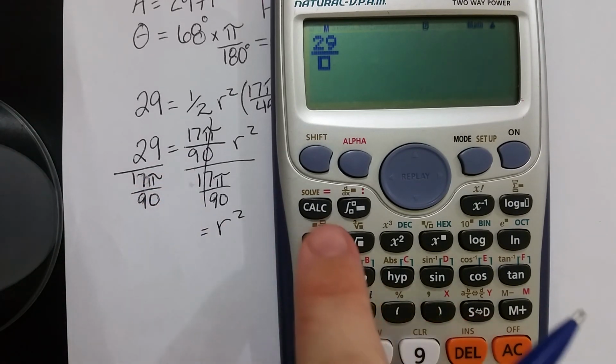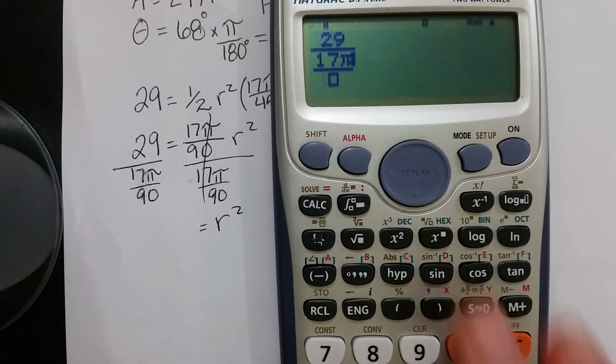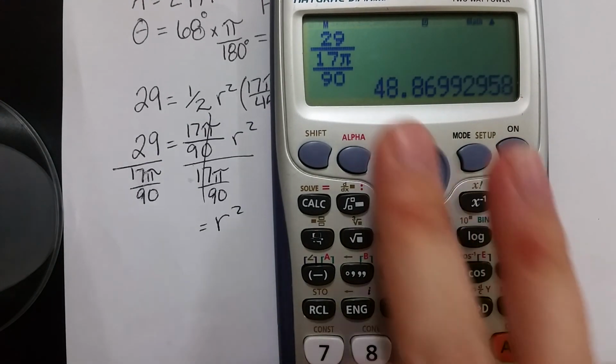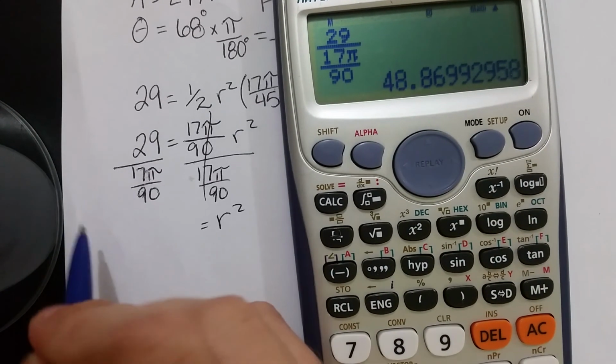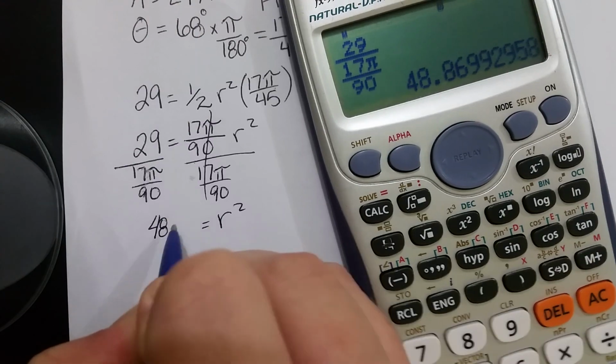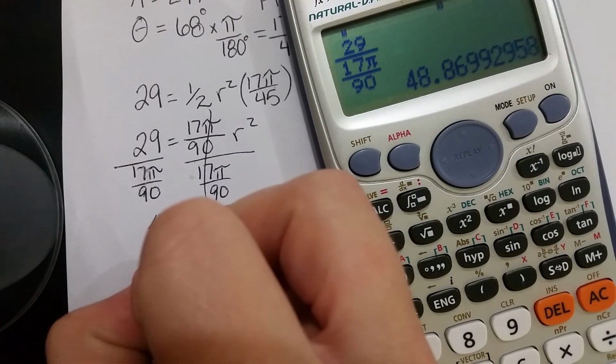This is a separate fraction in the bottom, so 17 pi over 90. And it's approximately 48.87.